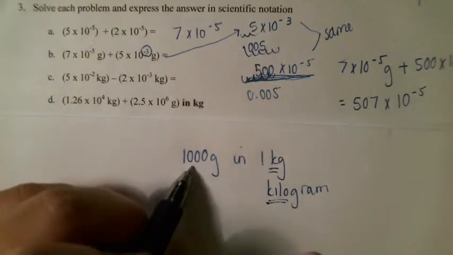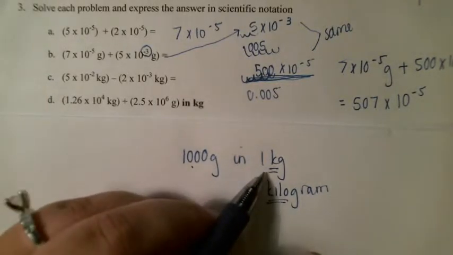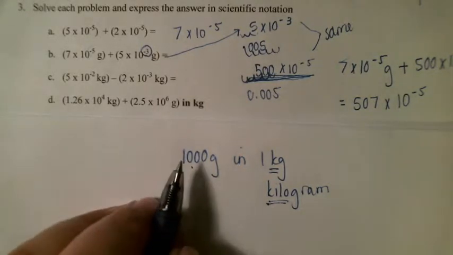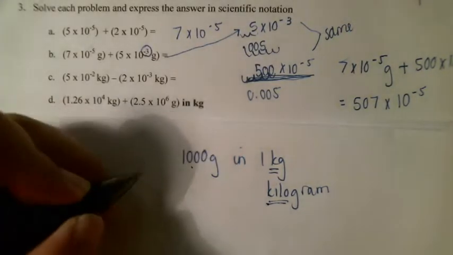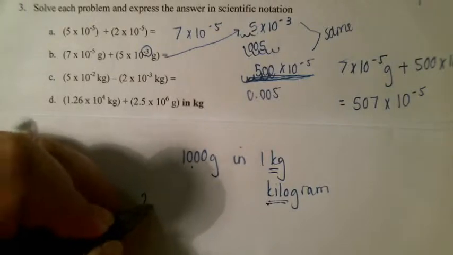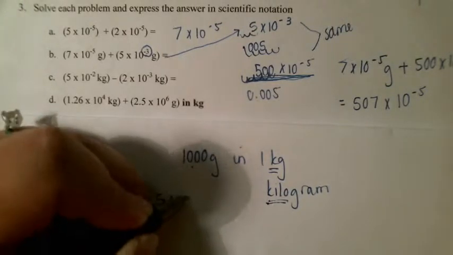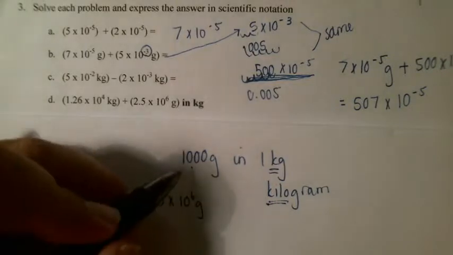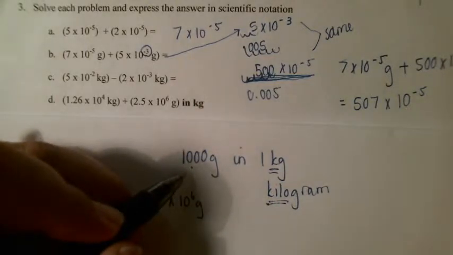So there are 1,000 grams in 1 kilogram. So if we write 2.5 times 10 to the sixth grams, to convert this to kilograms, we are going to have to divide by 1,000.